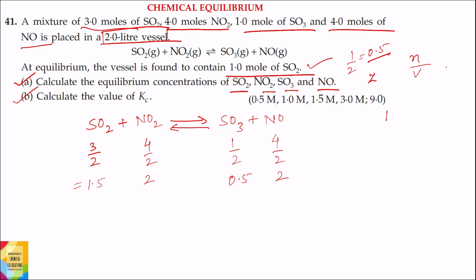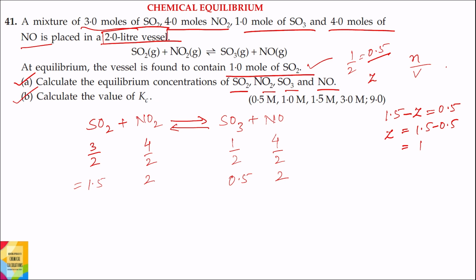Initial amount of SO2, that is 1.5 moles per liter, minus amount of SO2 reacted, that is Z moles per liter, is equal to amount of SO2 remaining, which is 0.5 moles per liter. From this, the value of Z is equal to 1.5 minus 0.5, which is equal to 1. So 1 mole per liter of SO2 has taken part in the reaction.